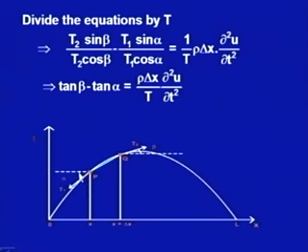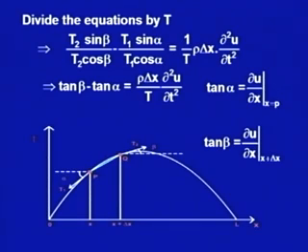Alpha is the angle which T1 makes with the horizontal, and this tension is tangent to the string at the point P. So tan alpha is nothing but the slope of the string at the point P. Similarly, tan beta is the slope of the string at the point Q. The slope is with respect to x, so tan alpha is del u over del x at x equal to p, and tan beta is del u over del x at x plus delta x, that is at point Q.